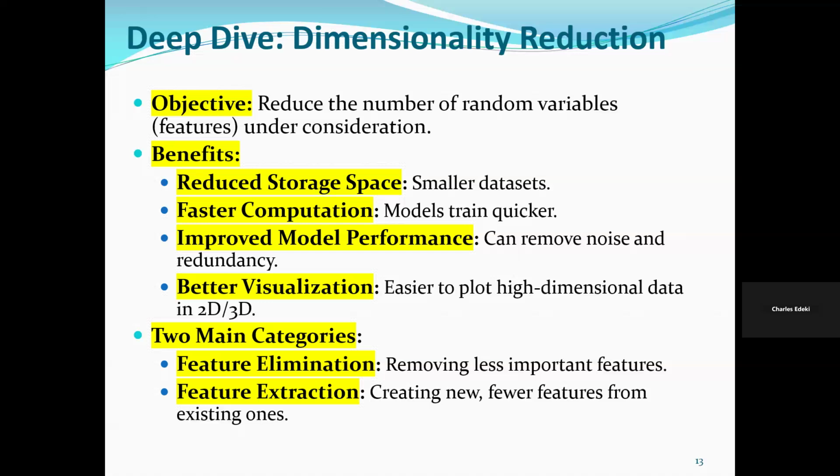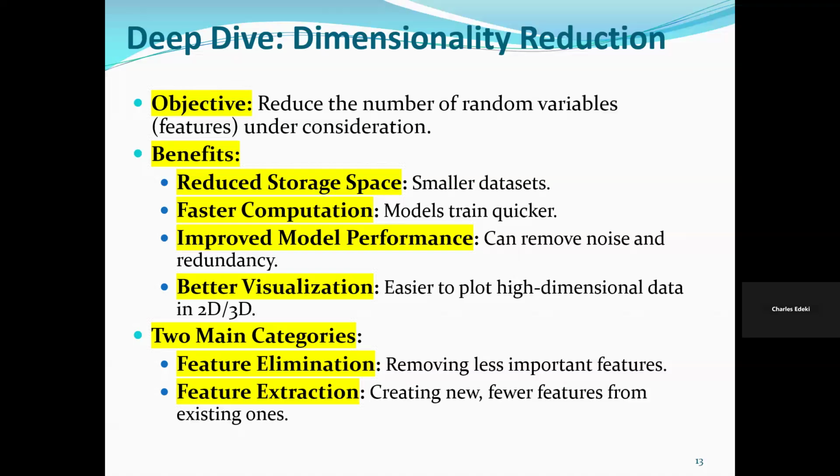So we have two main categories here: either feature elimination or feature extraction. Feature elimination is based on the concept of selection: select a subset of the original features, for example using feature importance. Actually, we can also use correlation analysis for feature elimination. Then we have feature extraction, which is a projection.